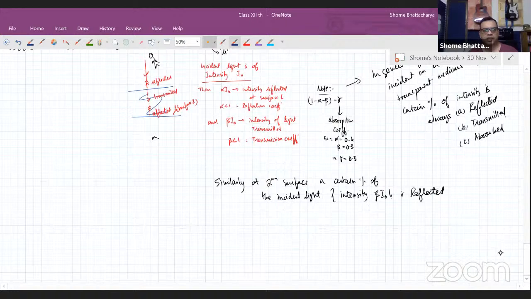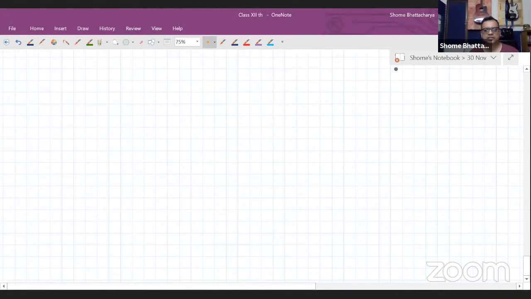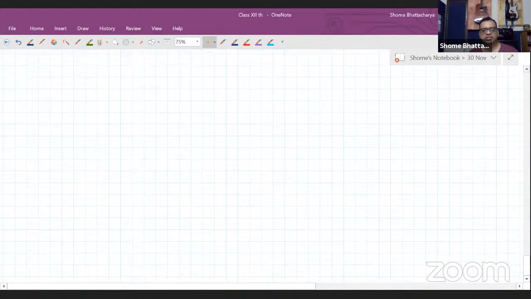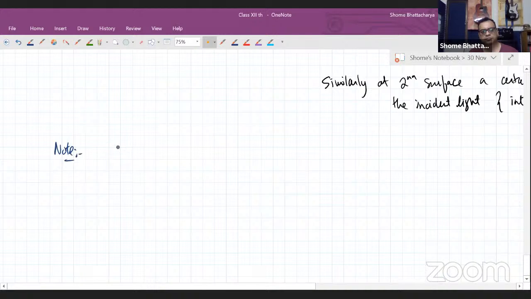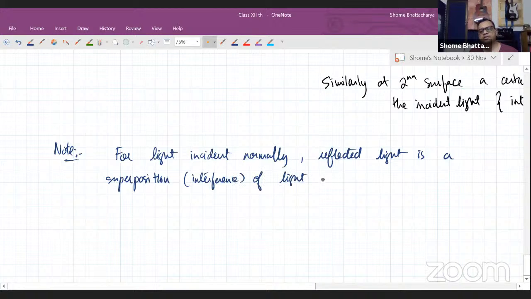So now coming to the important calculation part. What we can understand finally is that for light incident normally, the reflected light is a superposition, which will of course result in interference, of light reflected at surface 1 and surface 2.